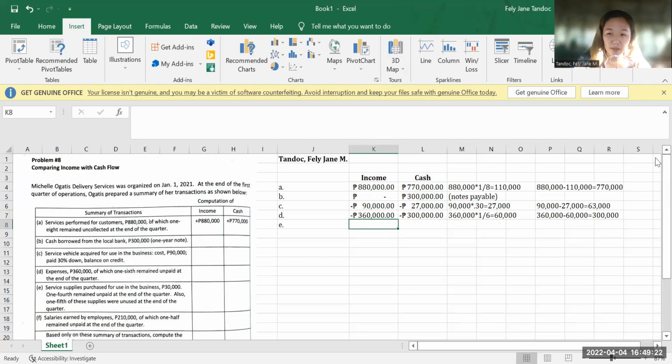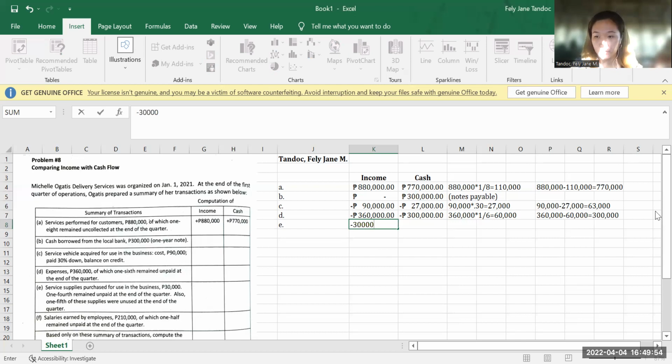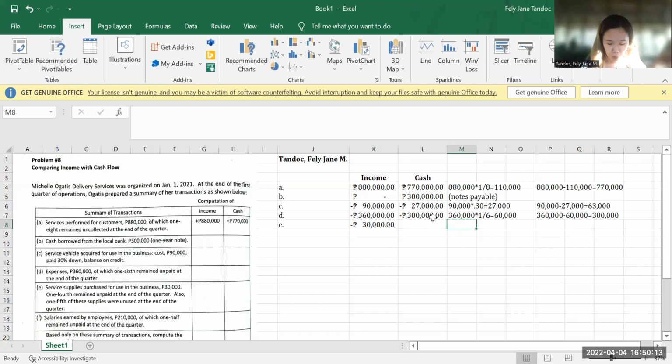For the income entry, I subtract the used supplies, since 1/5 is still unused. 30,000 times 1/5 is equal to 6,000.